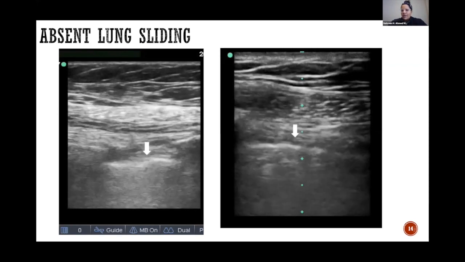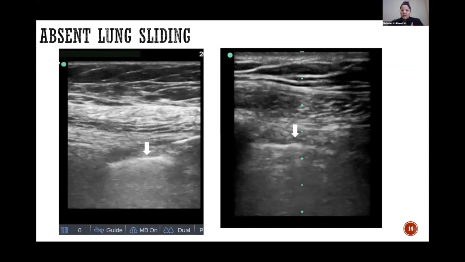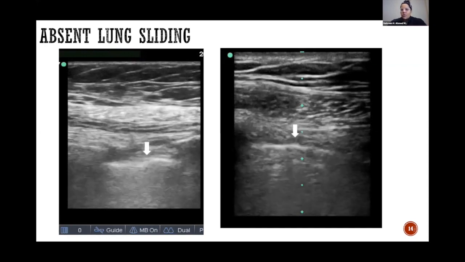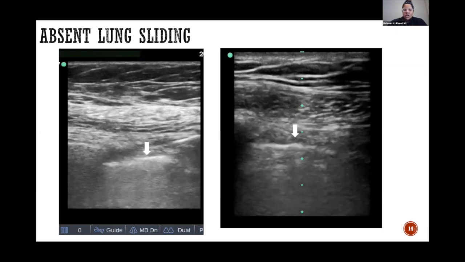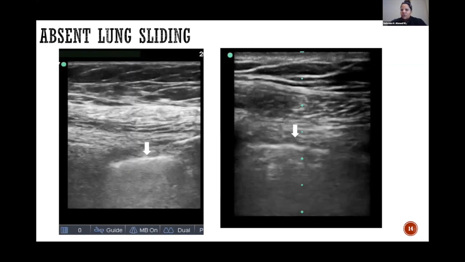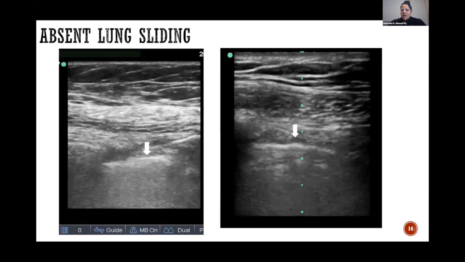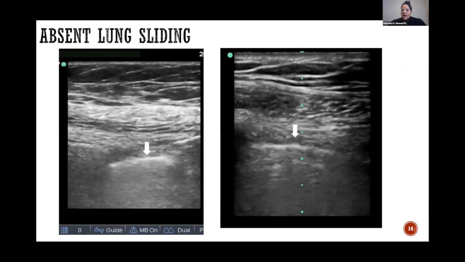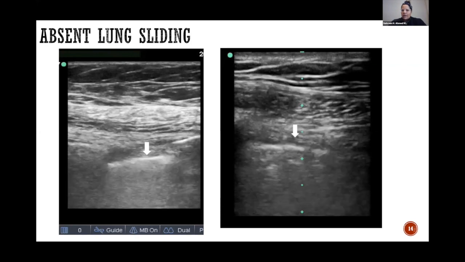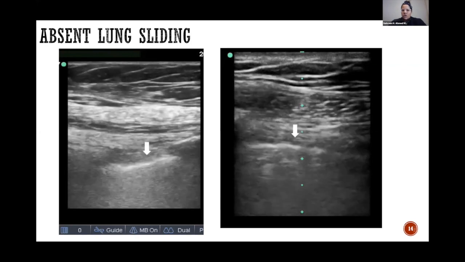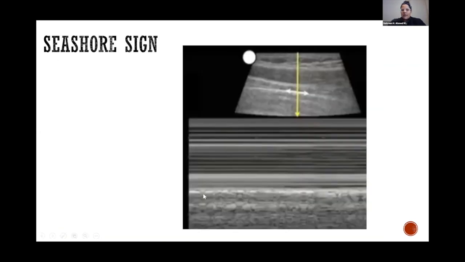But in reality, sometimes with obese patients, you have a lot of chest wall to go through, or it's the way the patient is laying in the bed or sitting in the chair, you might not have the best view. So it's really important that you start to understand what creates a good view, as well as how you can confirm what you're looking at in some of these ultrasound findings. So when you're looking at the pleural line and you're not sure if you're seeing lung sliding, what you can use is M-mode.